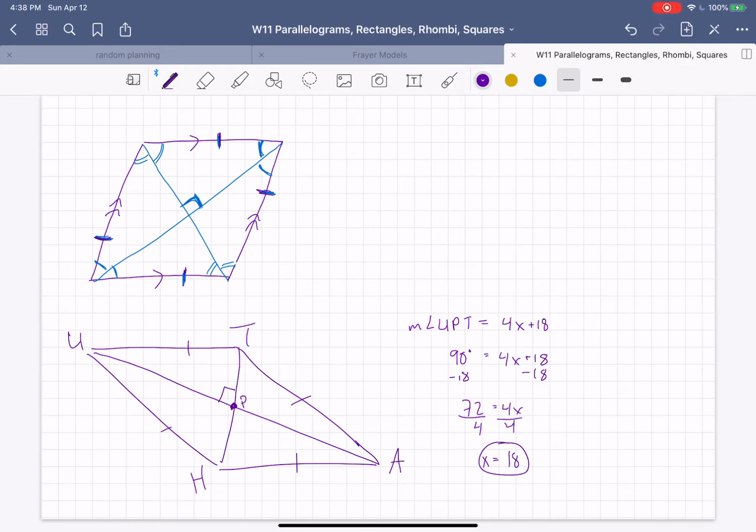What's a little bit more interesting here is what happens on the smaller angles inside of it.